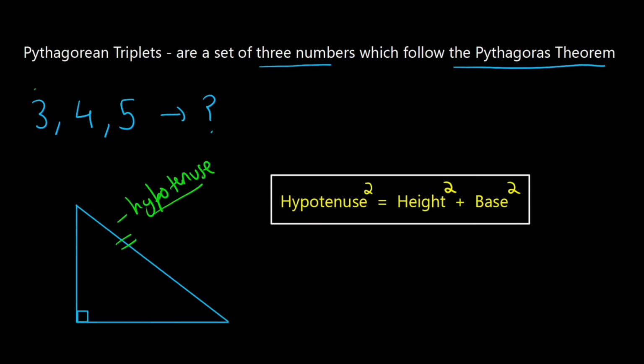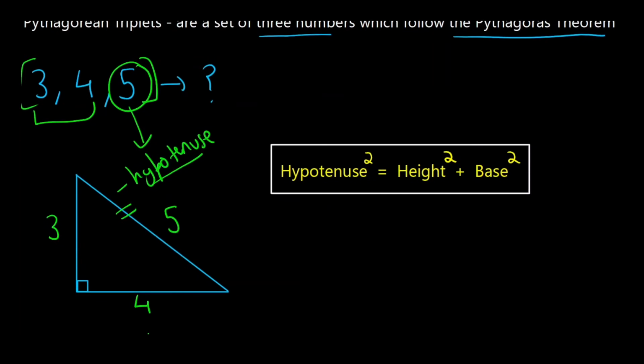Now out of 3, 4 and 5, which is the largest number? Well, 5 is the largest number. Now I'm going to assign 5 to the hypotenuse. So I will write 5 over here. Now the remaining numbers 3 and 4, I can take 3 and 4 as the height and base. So let's say I will write 3 over here and 4 over here.